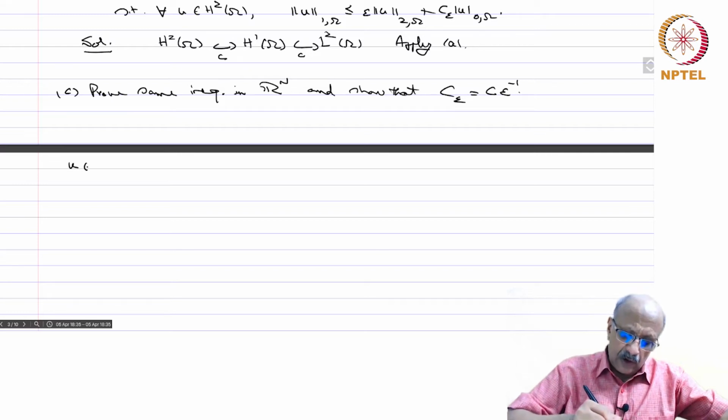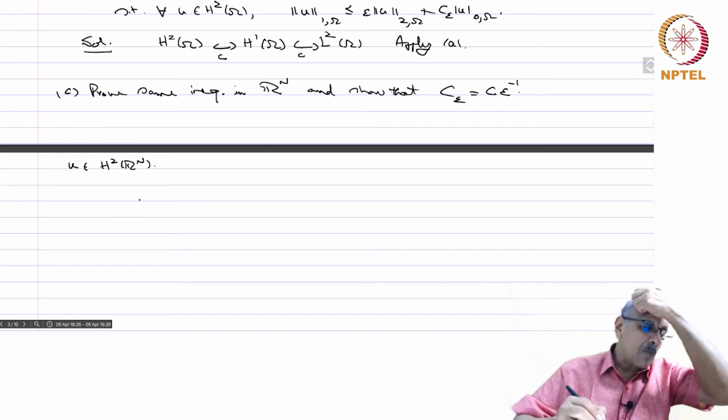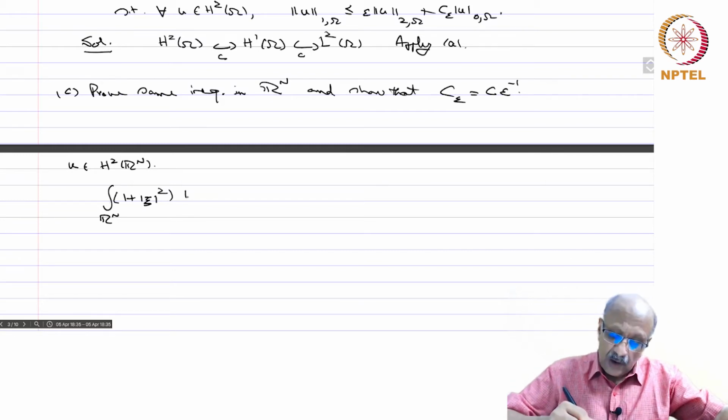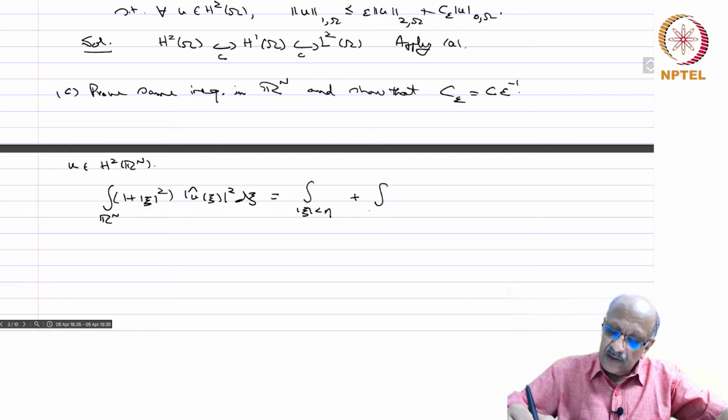So let u belong to H2 of R n, and then we want to look at the H1 norm. Okay, so integral on R n of 1 plus mod xi square, we are going to use the Fourier interpretation, mod u hat xi square d xi, equal to integral over mod xi less than eta plus integral over mod xi greater than or equal to eta.